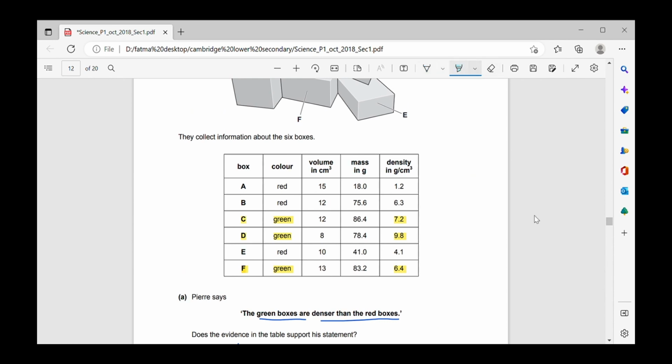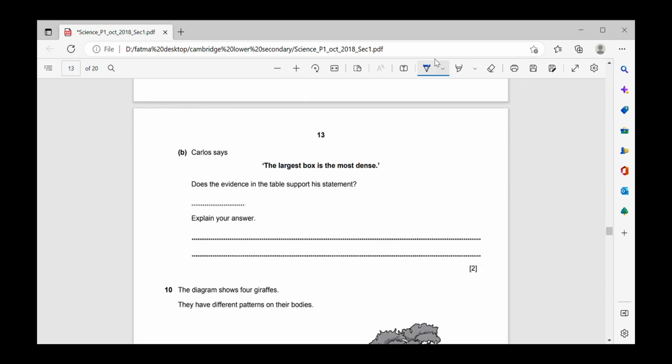The largest one here is box A. Does it have the highest density? The density is 1.2. It is the smallest one, the lowest density. So, does the evidence in the table support the statement? It's a no. Why no?